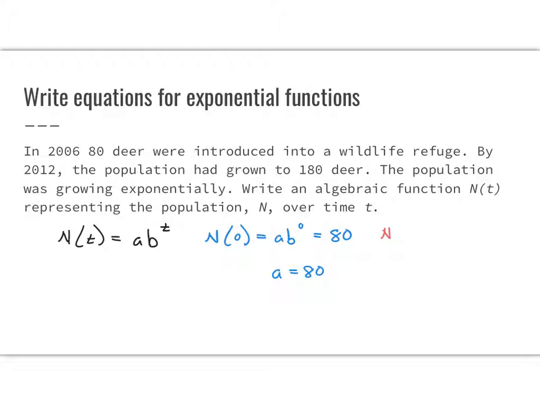So then we also know that at time 6, so that's 80 b to the 6th, we've got 180. So then b to the 6th is 180 over 80, which is what? 90 over 40, 45 over 20, 9/4. So to solve for b, you take the 6th root of each side. So b should be the 6th root of 9/4, which is approximately 1.1447.